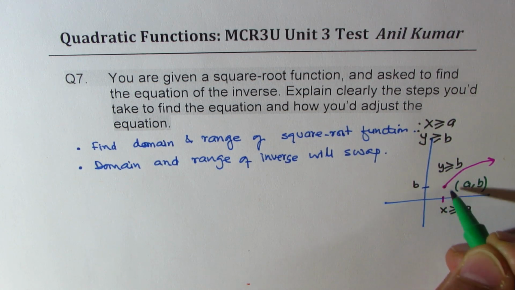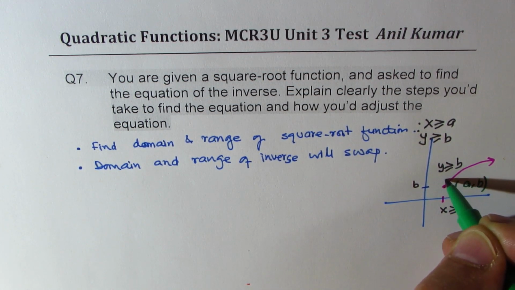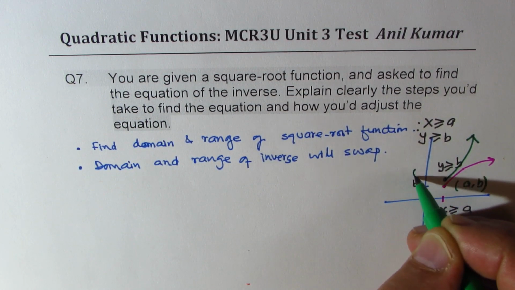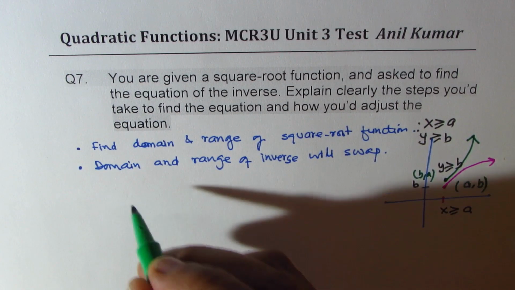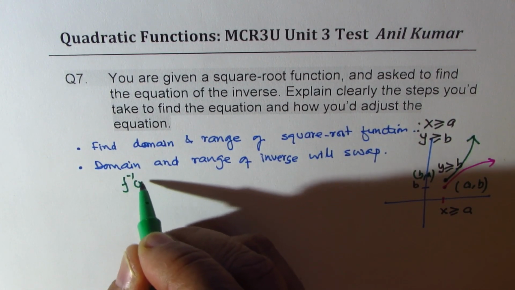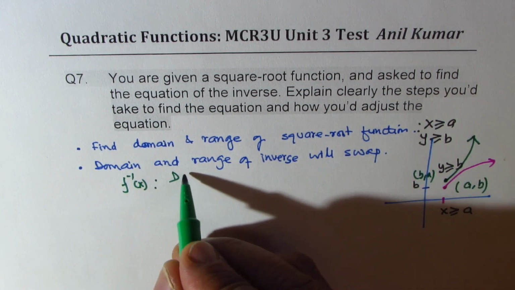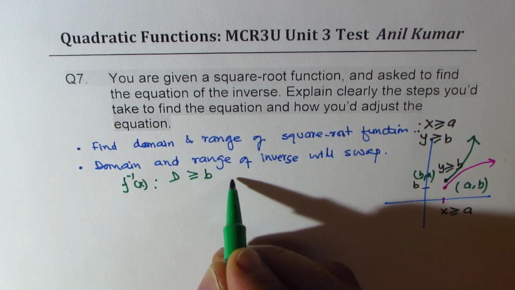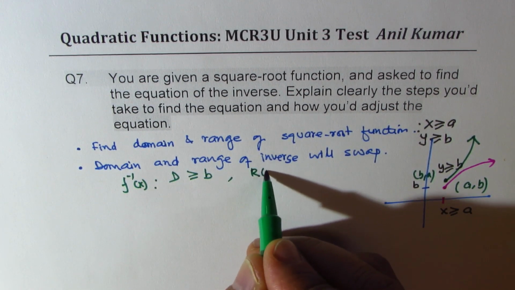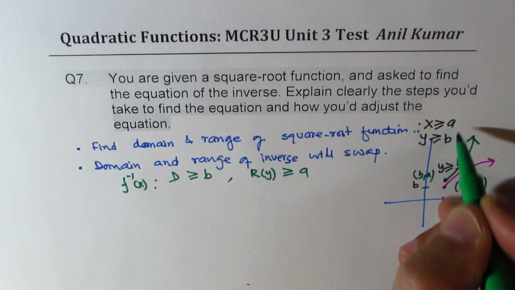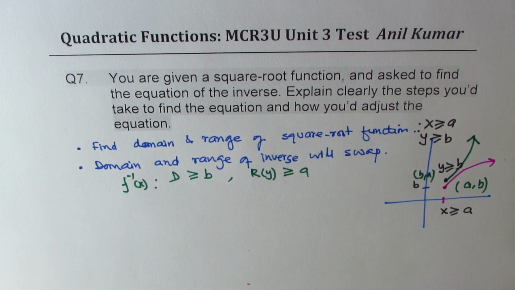So for the inverse of the function, the domain will be x greater than or equal to b and the range, let me write y, will be y greater than or equal to a. So they swap. Do you understand? This is a very, very important step to begin with. So they will always swap.